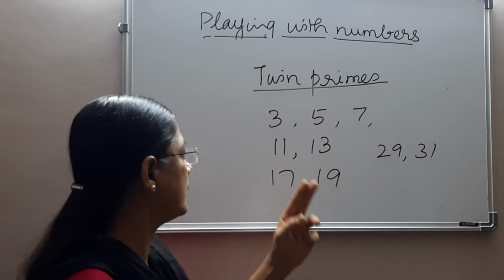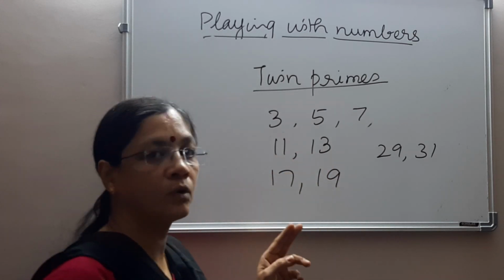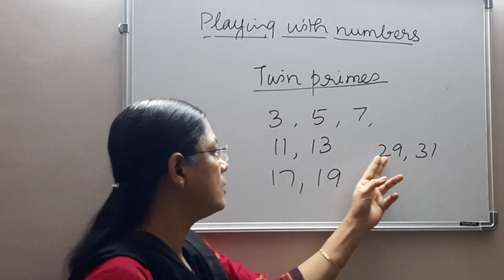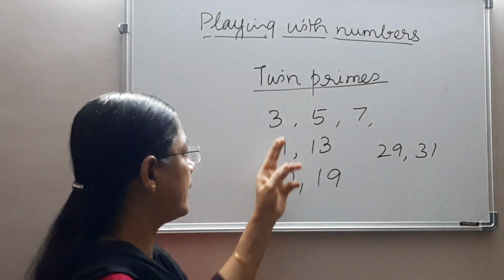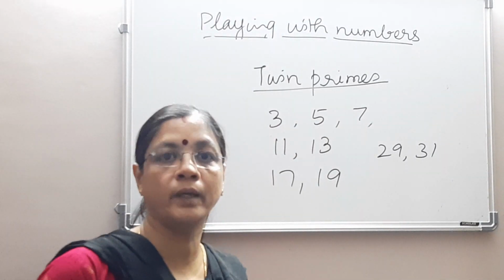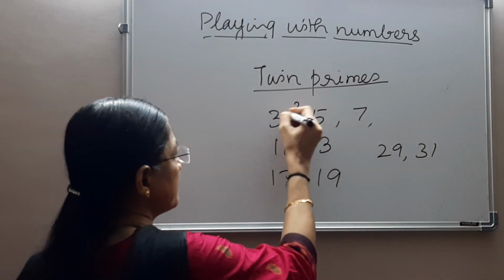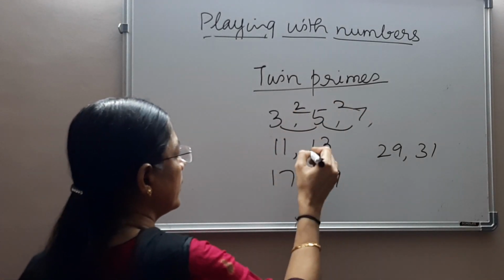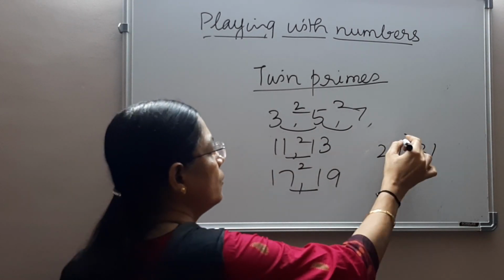See, 11, 13, in the middle there is 12, one composite; 17, 19, one composite in the middle, that is 18; 29, 31, in the middle there is a composite number 30. Or you can say it in other words, if the difference is 2, if you subtract you get 2 as your answer.